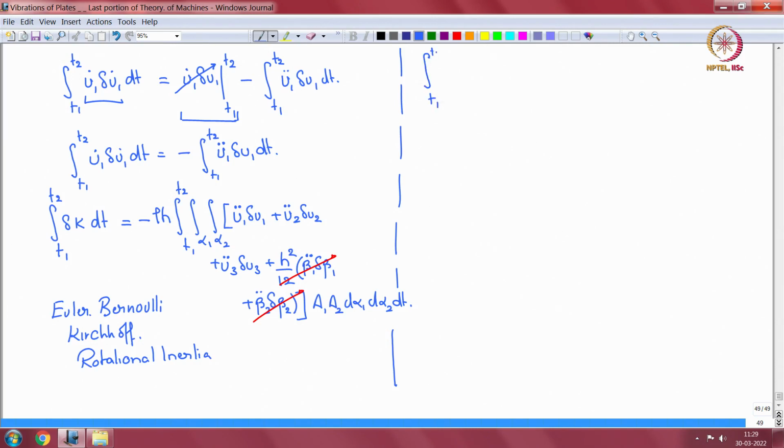So, integral T1 to T2 of delta K dt is minus rho h, integral T1 to T2, integral alpha 1, integral alpha 2, u1 double dot delta u1 plus u2 double dot delta u2 plus u3 double dot delta u3, into A1 A2 d alpha 1 d alpha 2 dt.